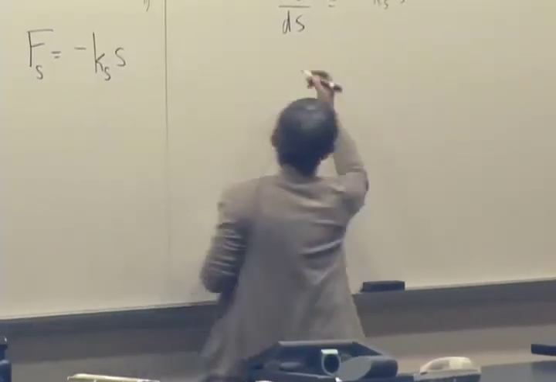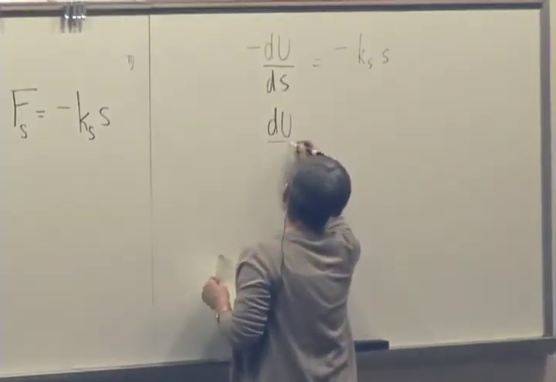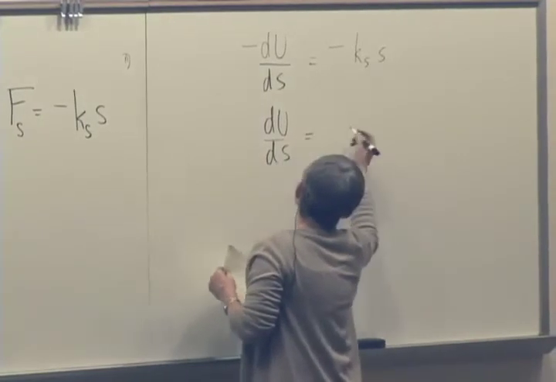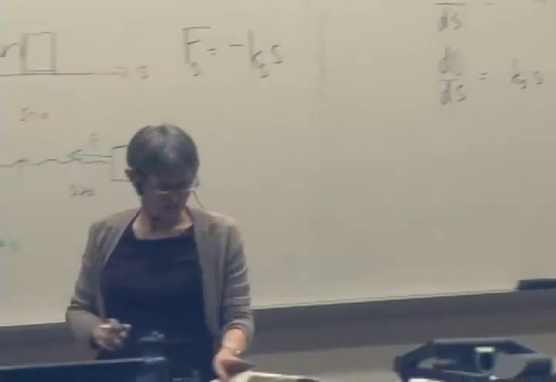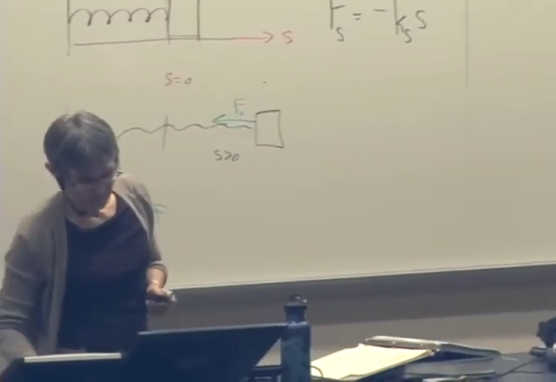Now obviously these minus signs cancel, so we have dU/dS is k sub S times S. Right? Okay.